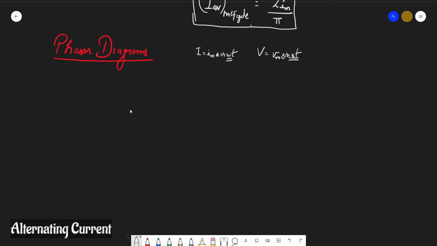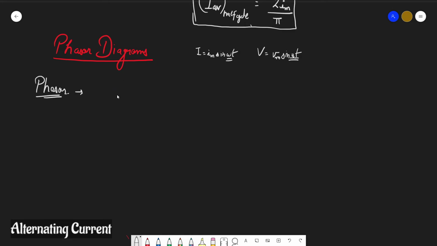So I need to first understand what a phasor is. A phasor is nothing but a line, or a vector you can say, which is rotating at a speed of omega, which is the angular frequency.